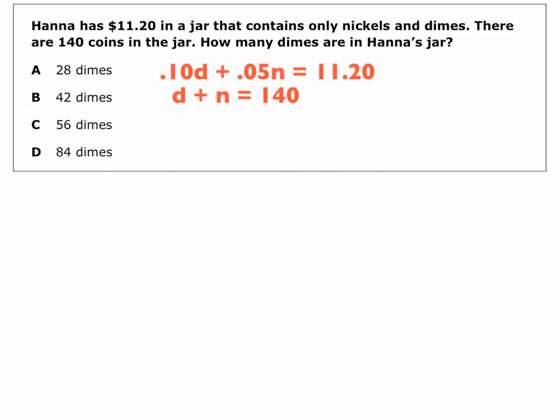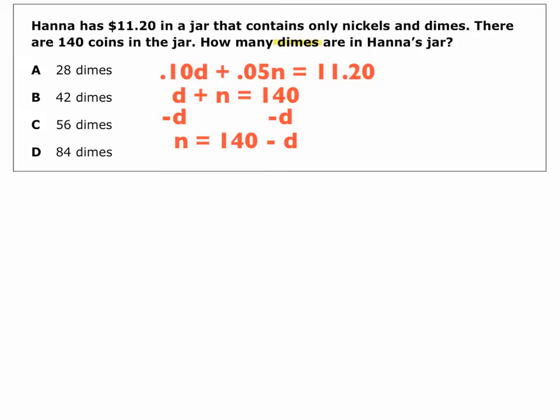I can use any method that I would like to solve this system. I'm going to use substitution by taking the second equation that I wrote, D plus N equals 140, and solving for N by subtracting D from both sides. The reason why I'm going to solve for N is because then I can get rid of the N's in my first equation and be left with only D, or dimes, since they want to know how many dimes are in Hannah's jar.